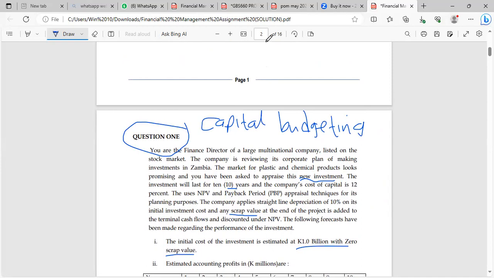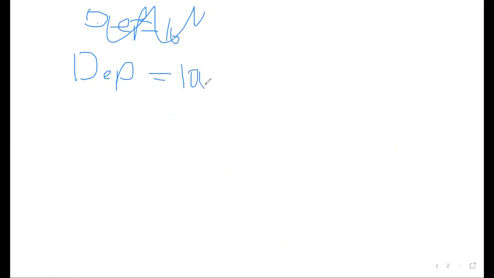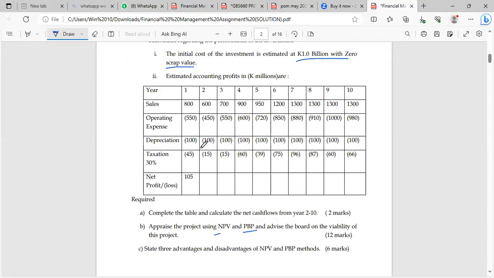So that's why we are dividing by 10 years. So the depreciation is 100,000. Okay. So that is our depreciation, which is the one that was accountable here.